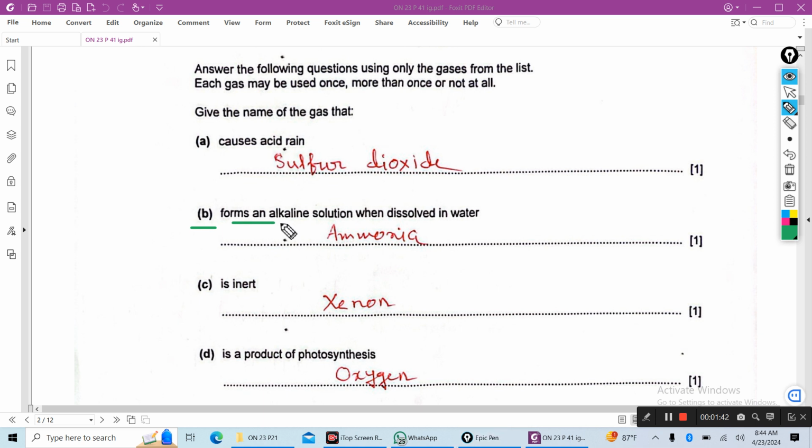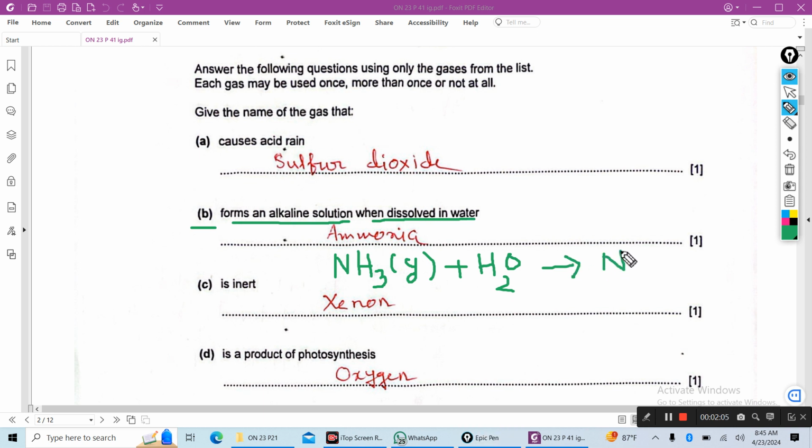B. Forms an alkaline solution when dissolved in water. Ammonia gas, when dissolved in water, produces ammonium hydroxide.